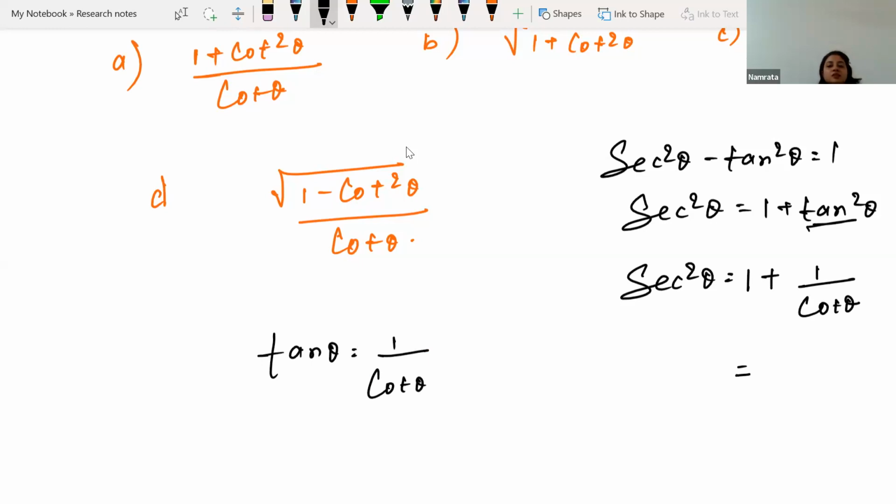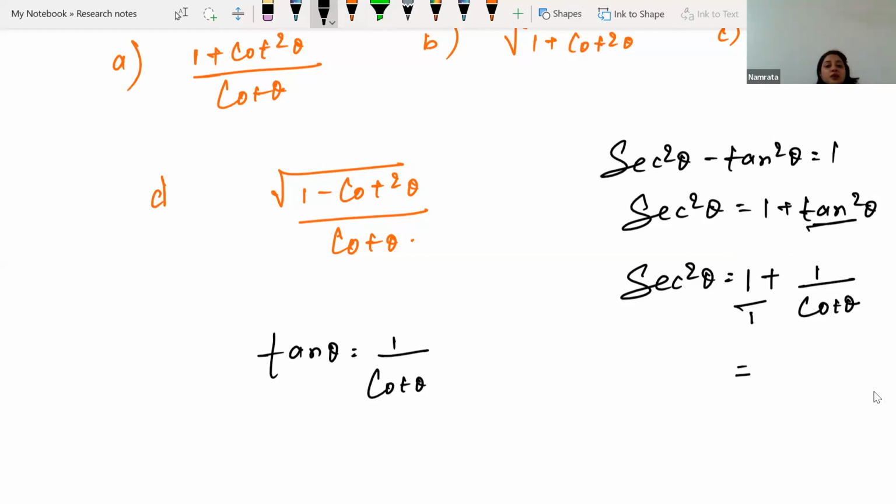Okay. So if we take out the LCM, what will be the LCM on that side? The first term has the denominator as 1. And the next term has denominator cot theta.